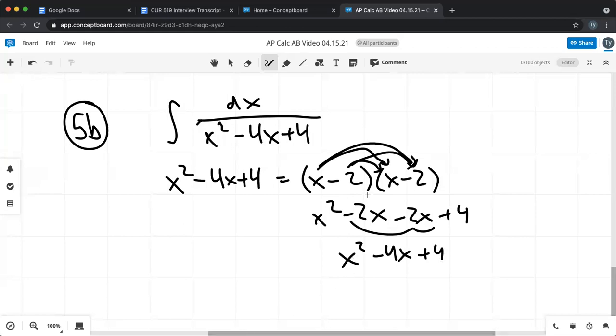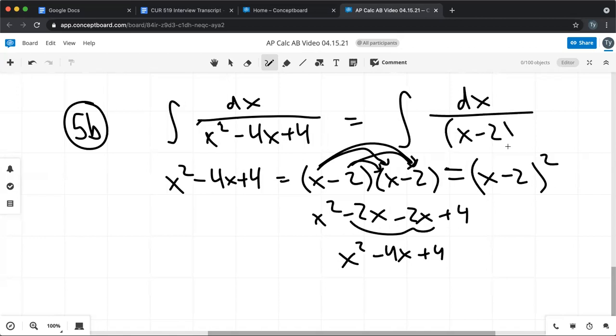Okay, so we could write it like this, or perhaps better, this is just something times itself, so we could rewrite it as that thing squared. So now our integral is dx over x minus 2 squared.